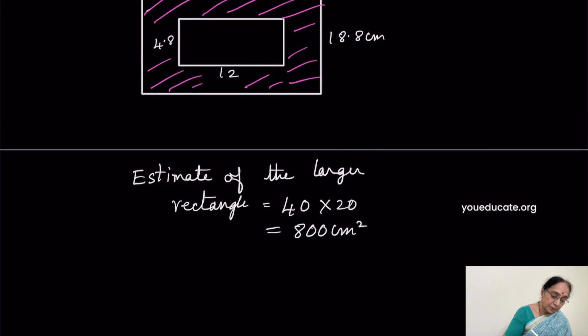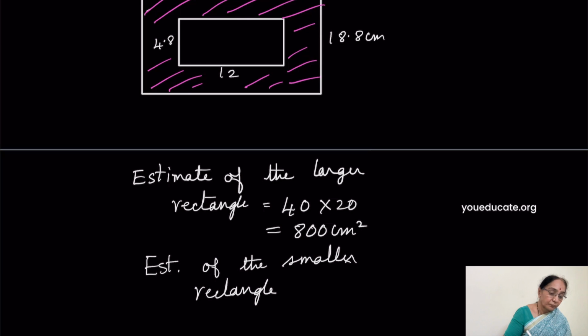Now our estimate of the smaller rectangle. The other one can be 5, the width can be 5, and this I can retain as 12. So it is 60 centimeters squared.